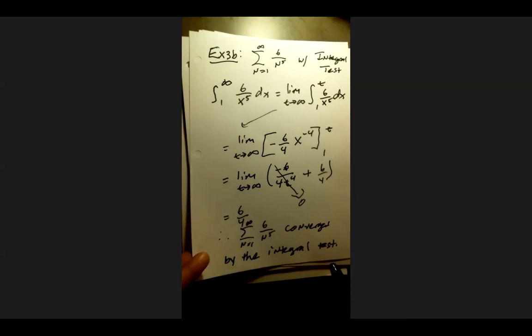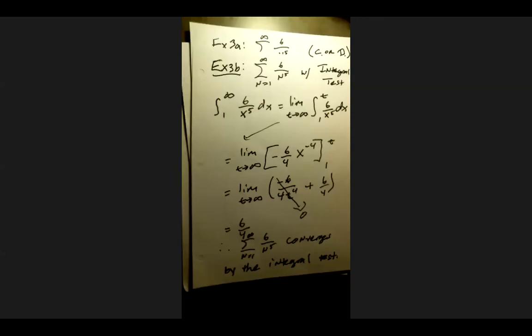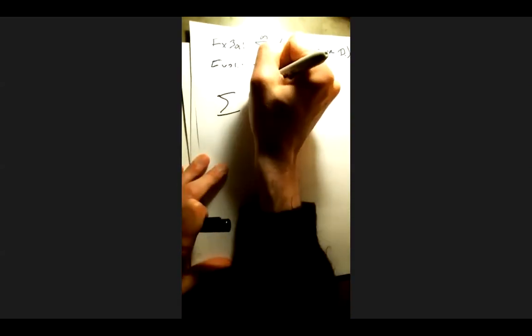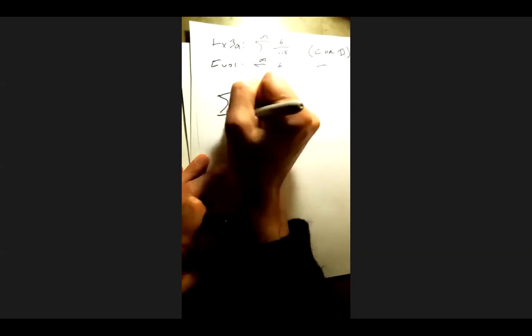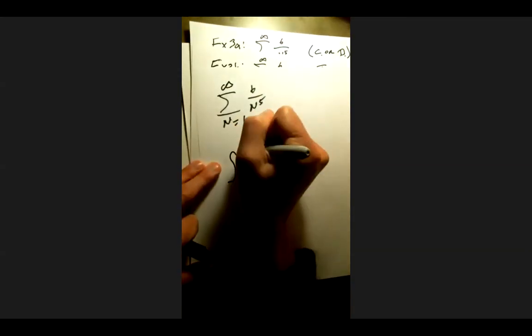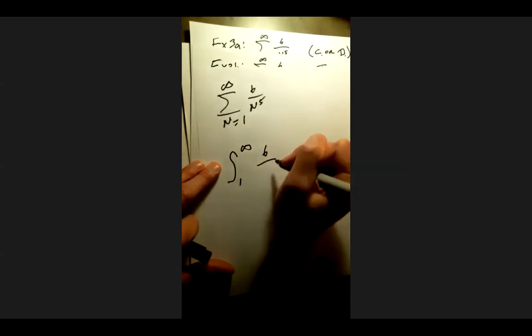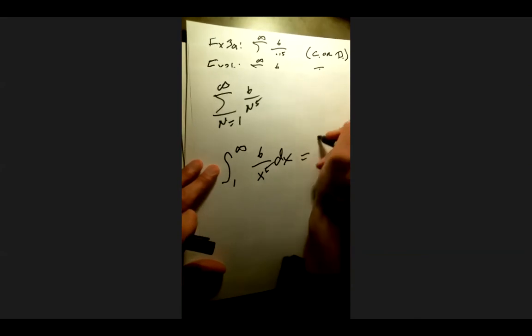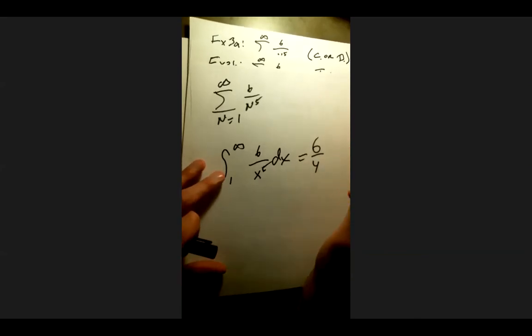So one bit of clarification about this, notice that we ended up with that 6/4. So we have this sum 6 over n to the 5th, and we had this integral, and we found that this was equal to 6 over 4, or 3/2.